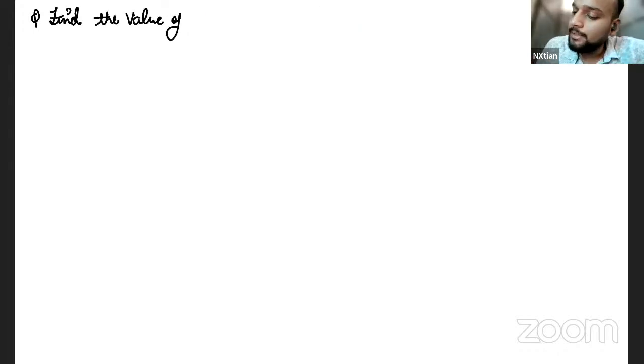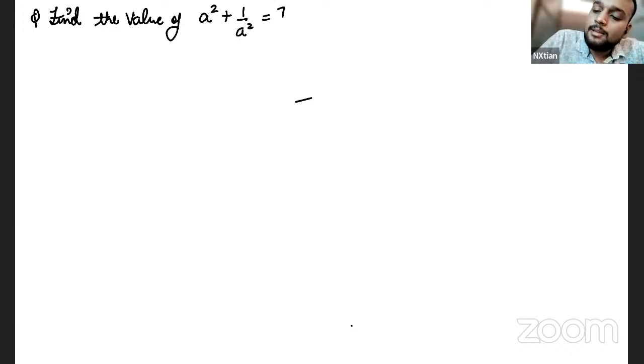Now the question will be like this: if a square plus 1 upon a square is 7, then find a plus 1 upon a. It's a bit different.